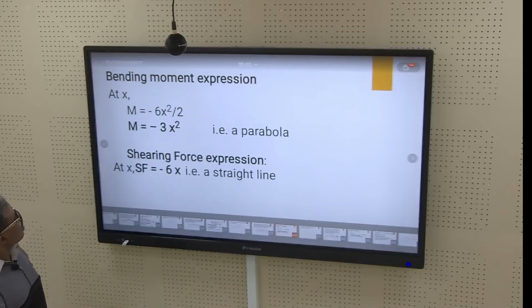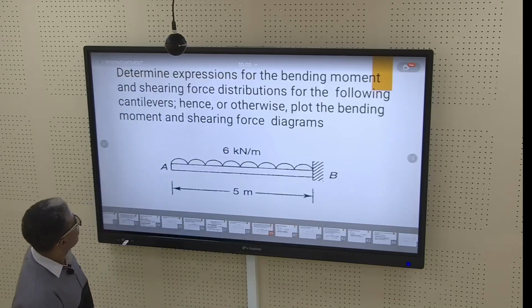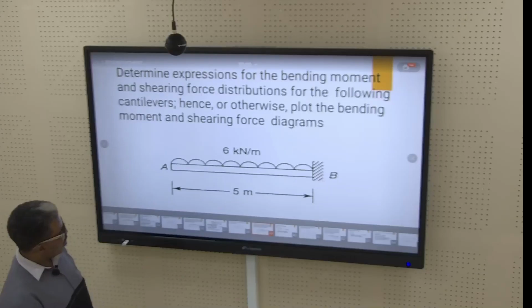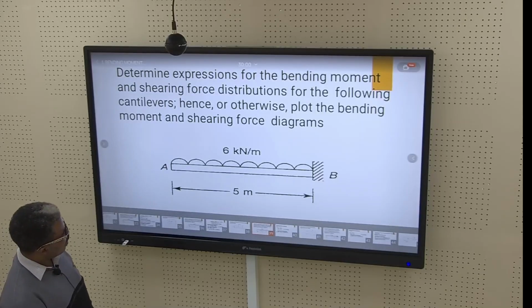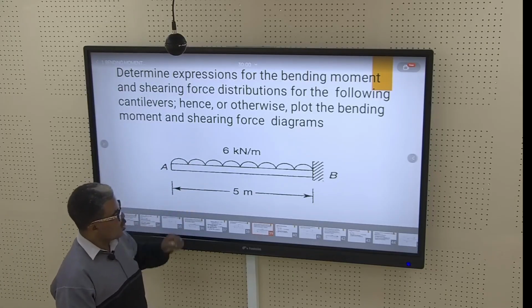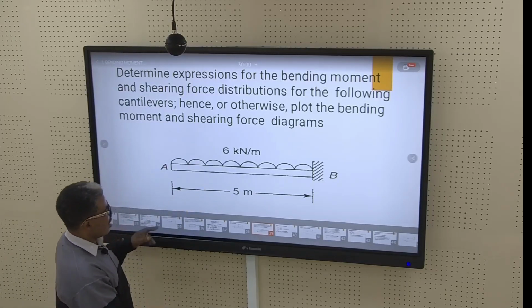So the bending moment here at x is 6x squared over 2. Mind you, where does this expression come from? We said 6 kilonewton per meter, and the distance is how much?